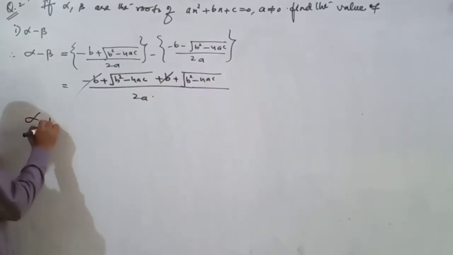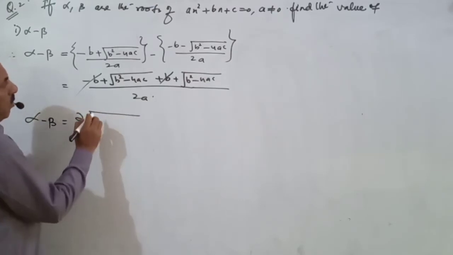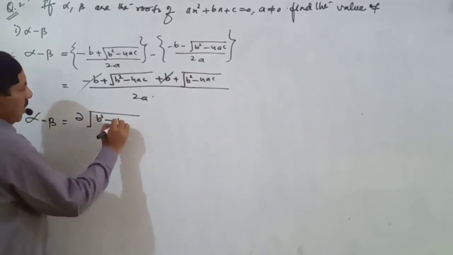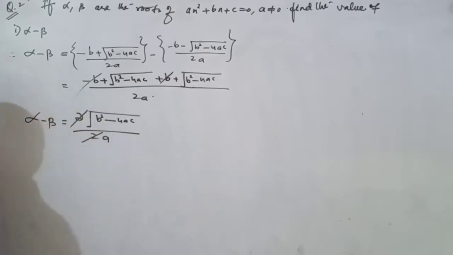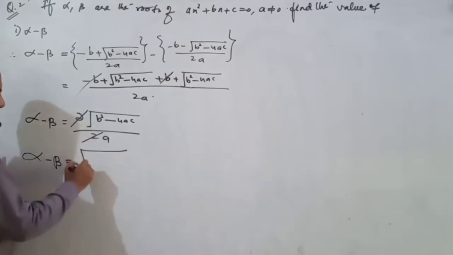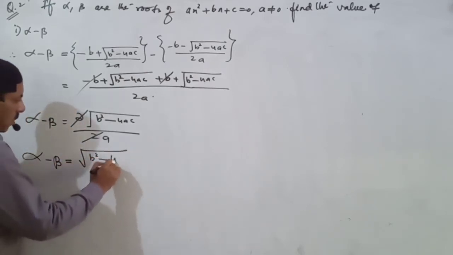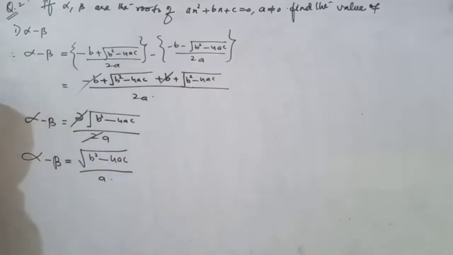So alpha minus beta is equal to 2 radical b square minus 4ac upon 2a. So 2 cancels. The value of alpha minus beta is radical b square minus 4ac upon a, meaning the square root of the discriminant upon the coefficient of x square.